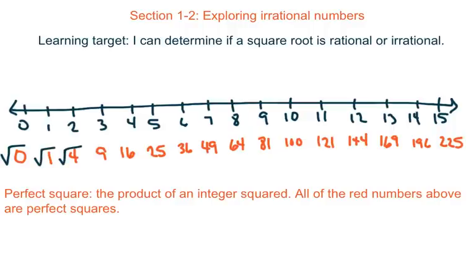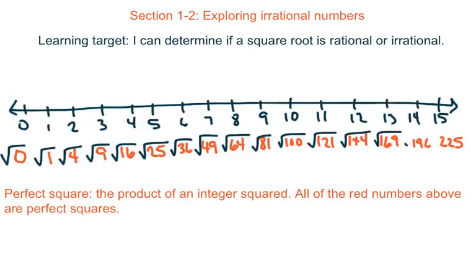The square root of 4 is 2. The square root of 9 is 3. The square root of 16 is 4. The square root of 25 is 5, etc. So when we put the square root symbol on each one of these numbers, which are perfect squares, the result is the integer that was squared.